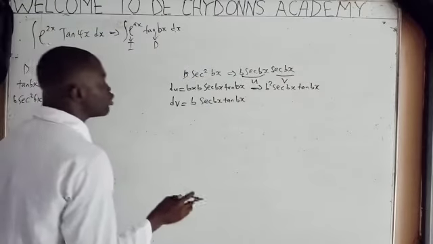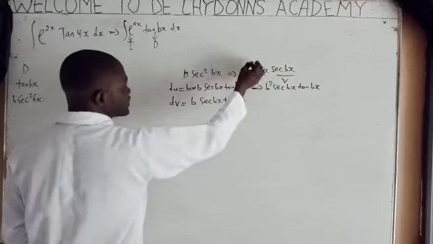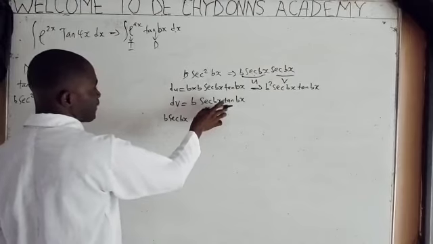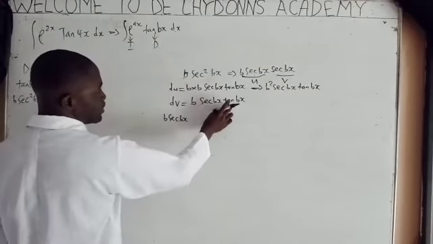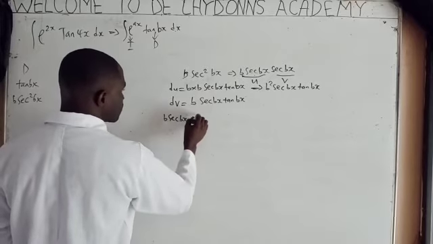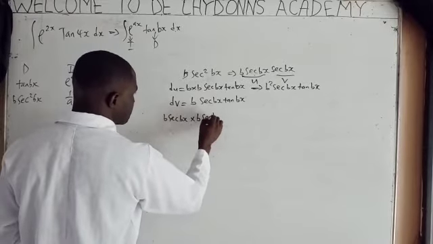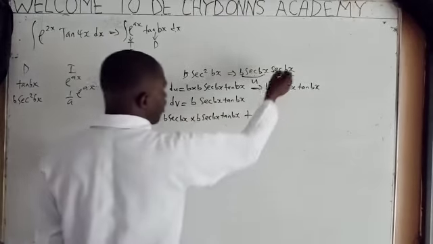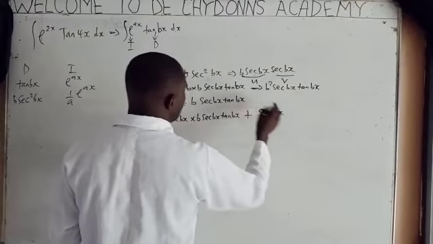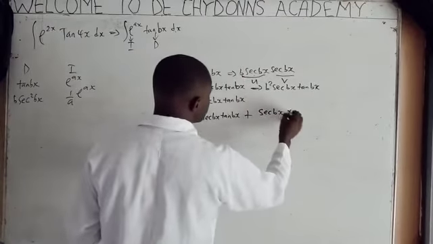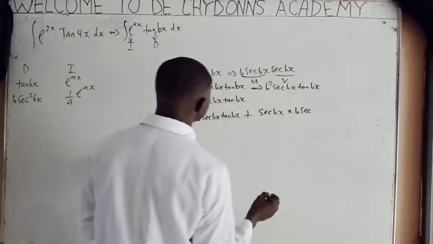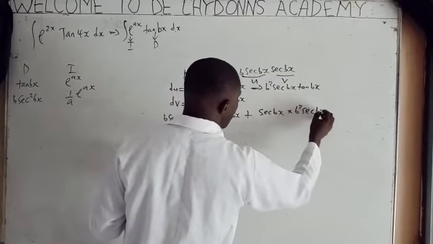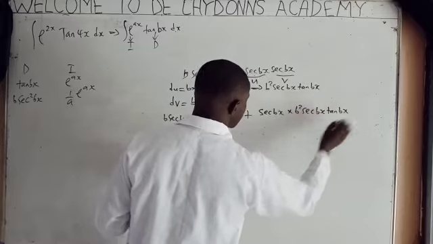Now you apply the product rule. Product rule means put down the first, b sec bx, put the differentiation of v, that will be b sec bx tan bx, plus put down the second, which is sec bx, put the differentiation of u, which is b square sec bx tan bx.